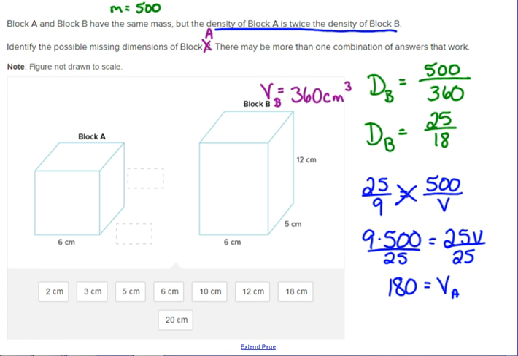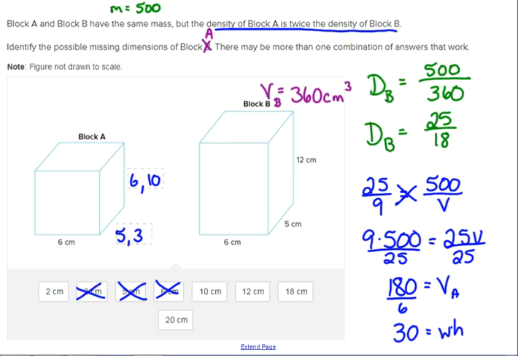We know one of its dimensions is 6. So what does that leave us with for the other two dimensions? 30. So 30 total, right? Is the width times the height, or the depth times the height, however you want to look at it. So let's look at our choices. Eden already said 5 and 6. That's one possibility. What else would work? 3 and 10.